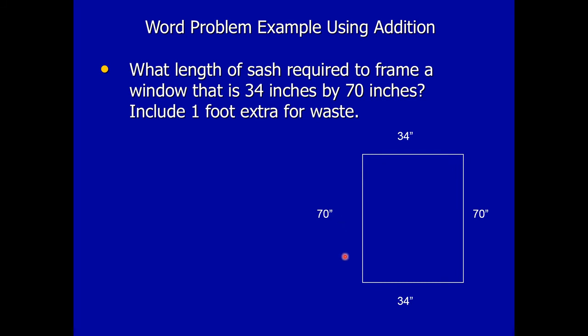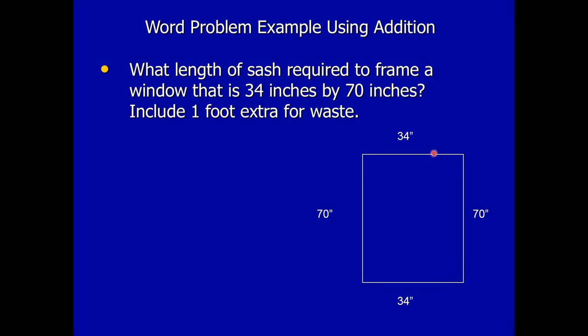So if you see, there are 2 different dimensions, right? One dimension is 70 and the other dimension is 34. And we are looking for the total, right? We're looking for the total because what we need is to find the total length of the sash required to make the frame like this. Okay?